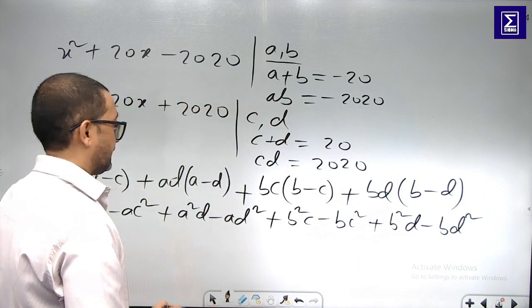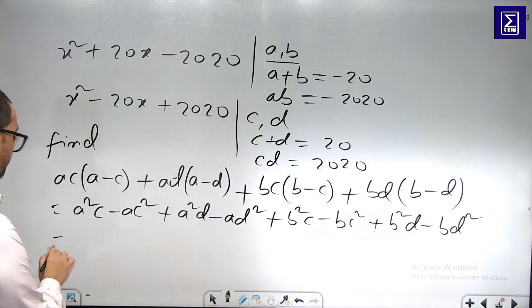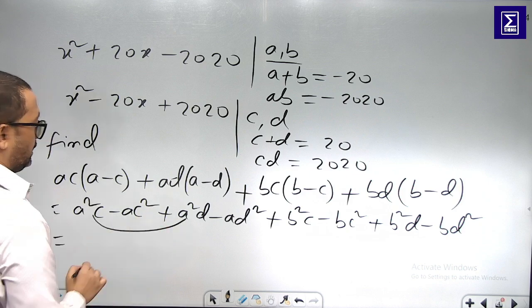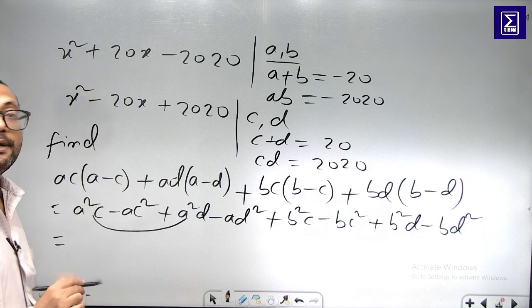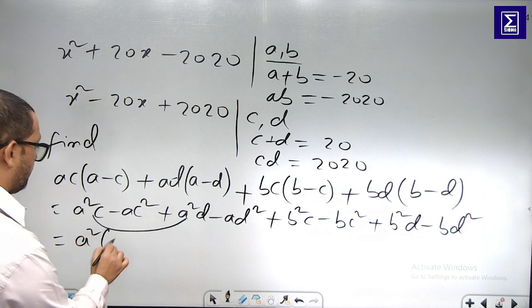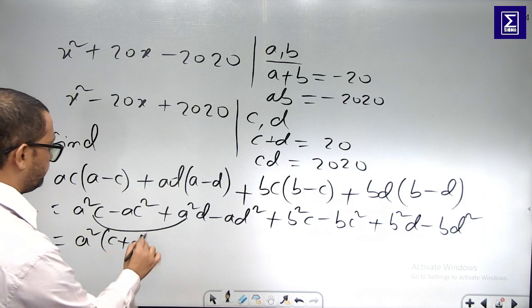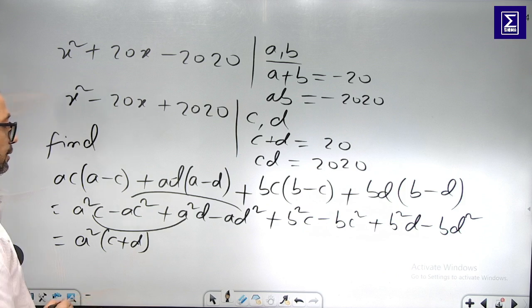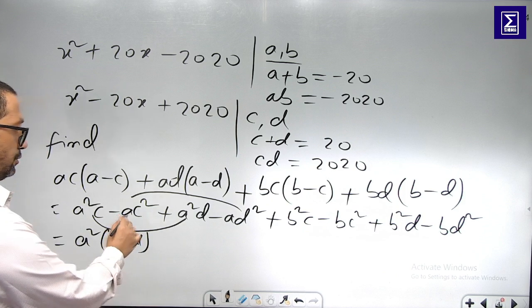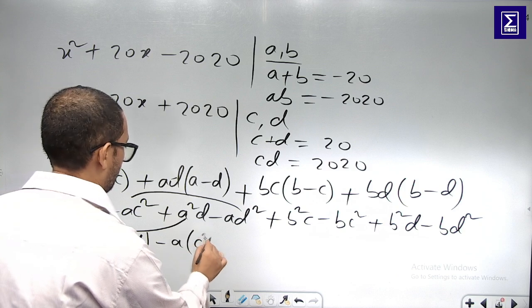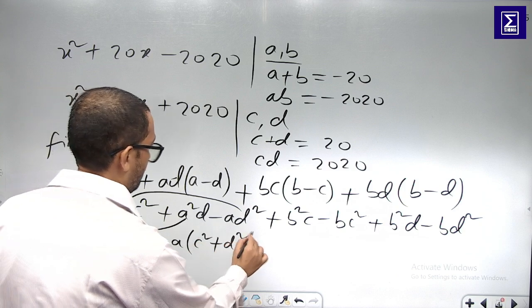Now, what would be the next step? Here, a square c and a square d: what can be taken common? a square, so you get a square times (c plus d). And this one and this one: a is common, so we take minus a common, and it would be c square plus d square.